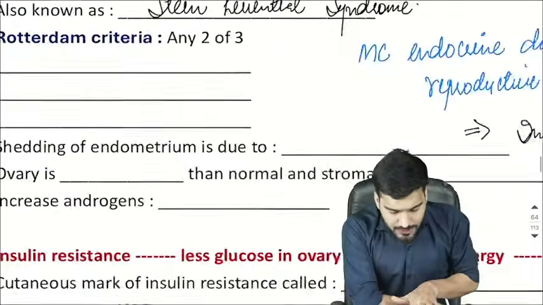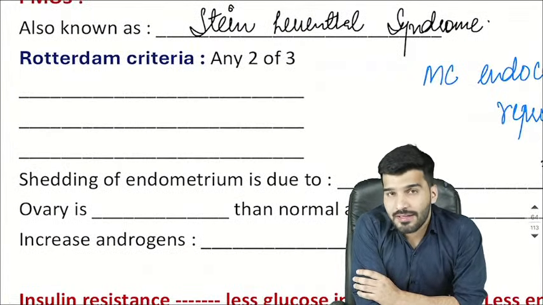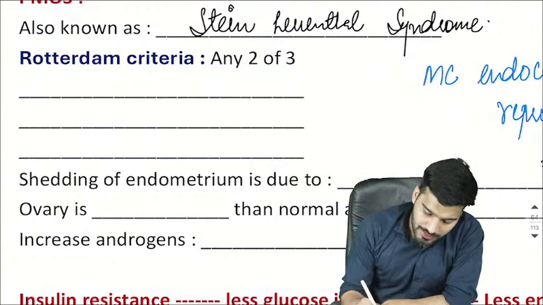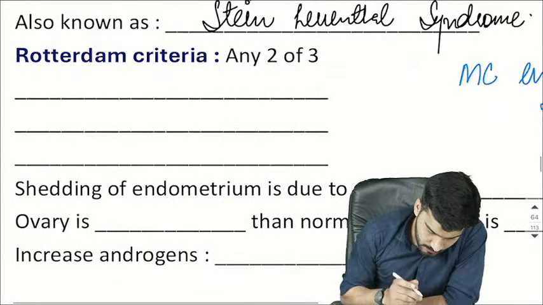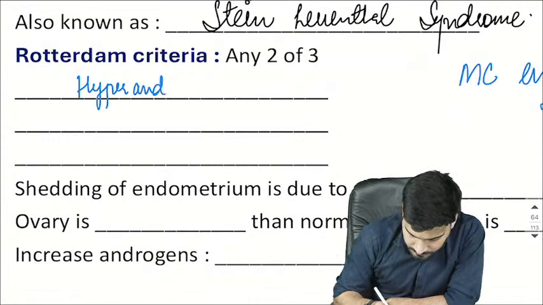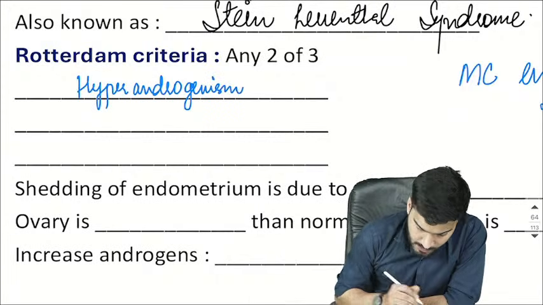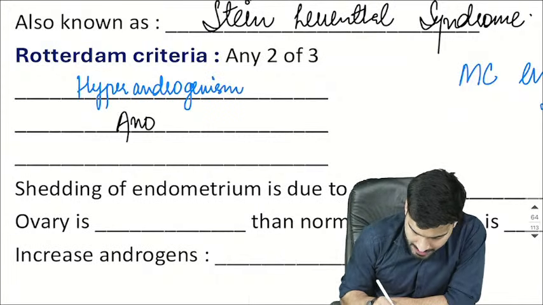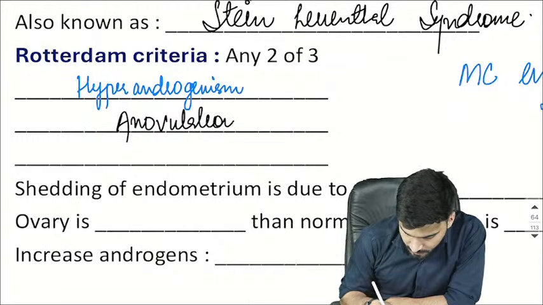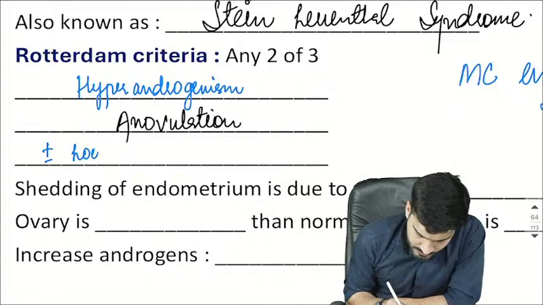Now the criteria seen in PMOS is called the Rotterdam criteria. We have three things to remember. First of all, there will be hyperandrogenism, followed by anovulation, followed by a polycystic look on USG.